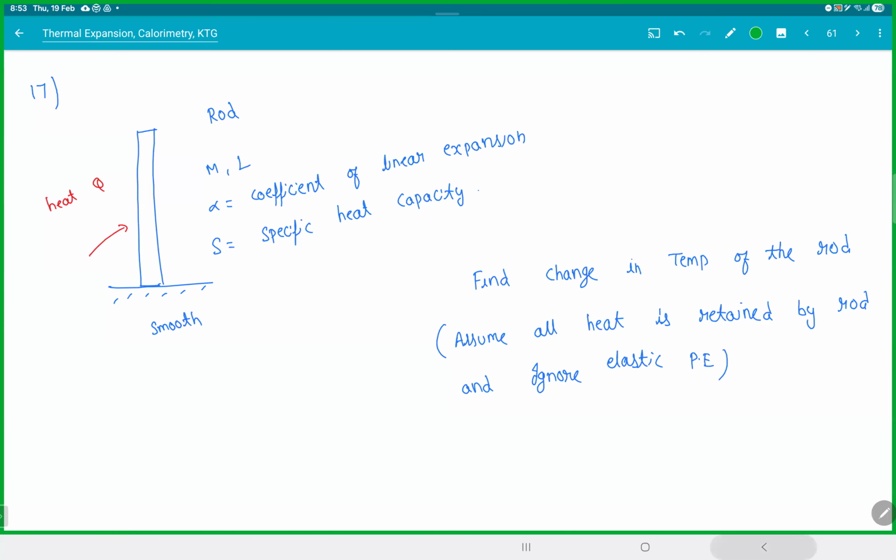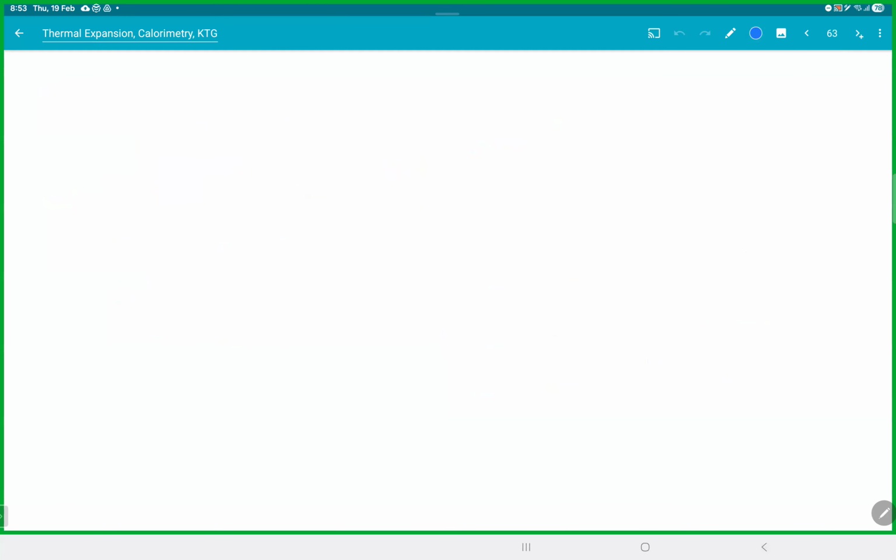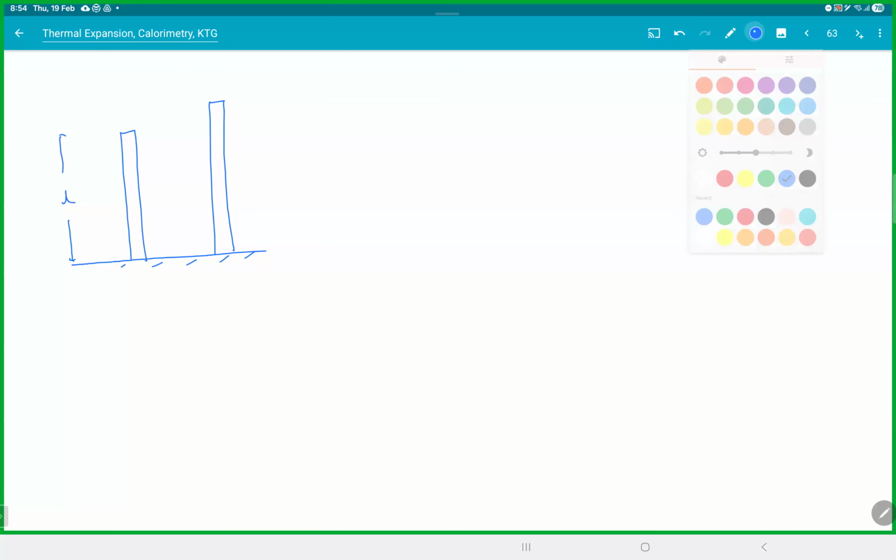How to do this? See, let the temperature increase by delta T. So initially the rod was like this. Then the rod becomes like this. Initially this length was L. This was the center of mass.